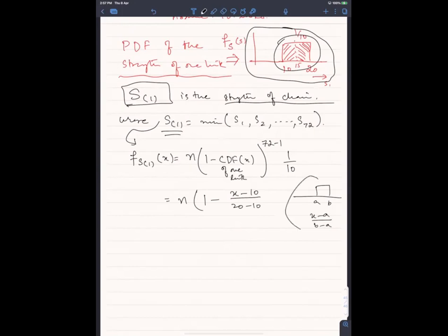So let's simplify this. By the way, n is 72 here. So 72 divided by 10 would be 7.2, times ((20 minus x) over 10) to the power 71.